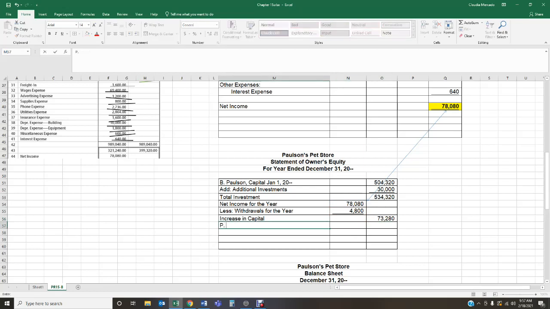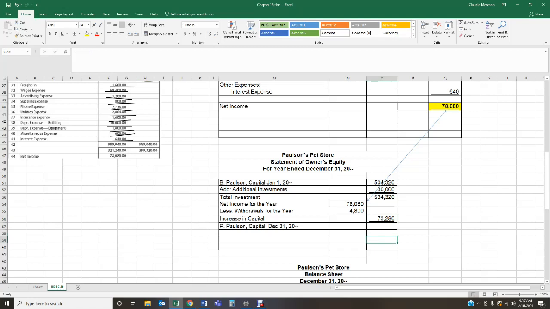Now I can calculate my ending capital balance. And my ending capital is going to be my total investment amount of $534,320 plus my increase in capital of $73,280. That's going to give me my ending capital of $607,600.